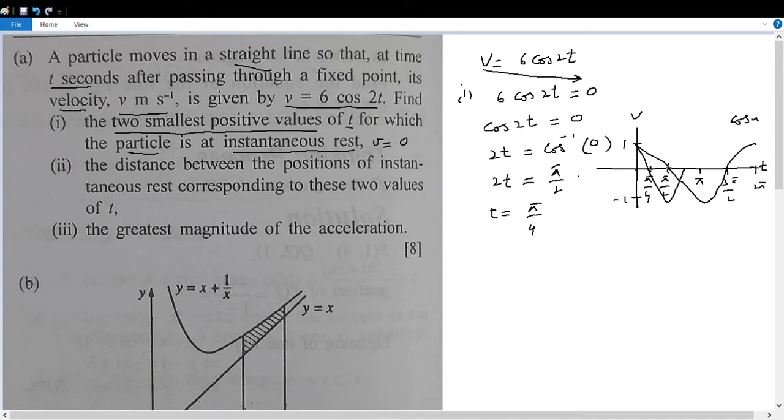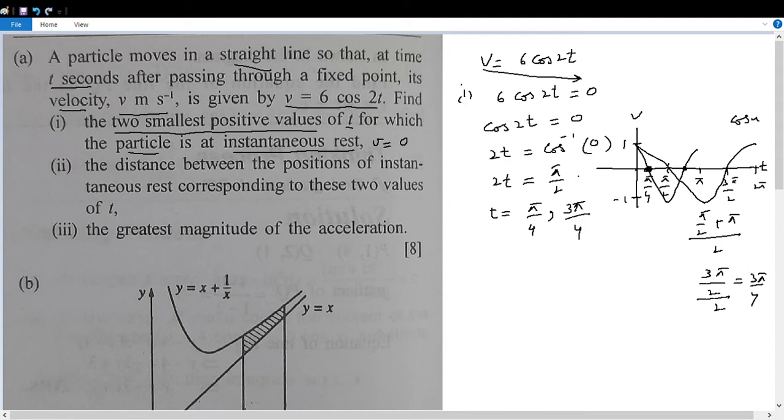So we get one value pi over 4, and the other value will be half of pi over 2 and pi, which is 3 pi over 4.